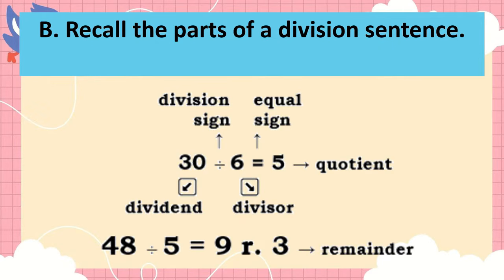In between the 30 and 6, we have the division sign. And in between the 6 and 5, we have the equal sign. And the answer, which is 5, is what we call the quotient. 48 divided by 5 equals 9, remainder 3. The 3 is what we call the remainder.